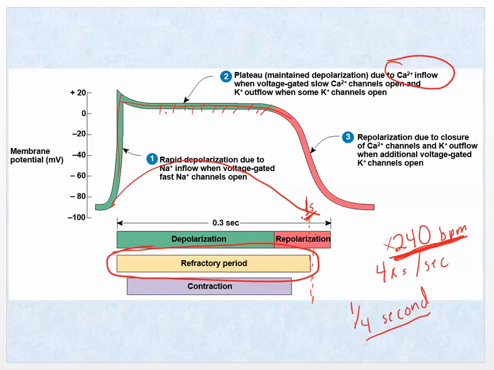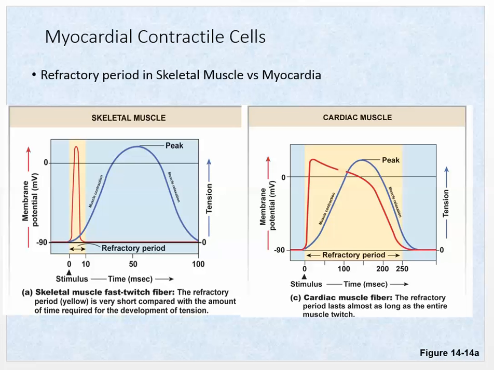Okay, now let's do another comparison, because it is important. This is skeletal muscle, what I was trying to draw earlier. This is cardiac muscle. In skeletal muscle, you have a depolarization, the same thing, and then your muscle contracts. Because the muscle contraction takes a little while, it doesn't happen as fast as a depolarization event does.